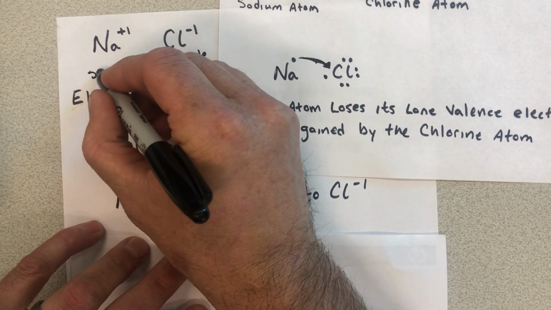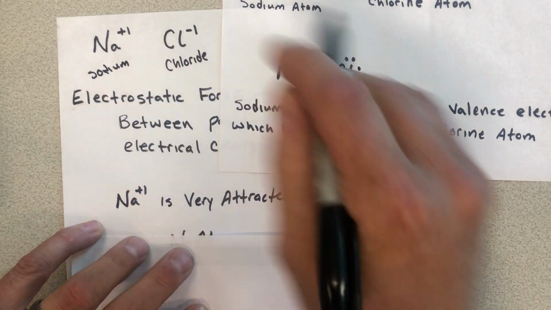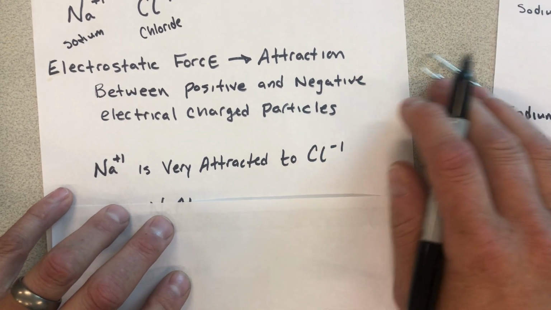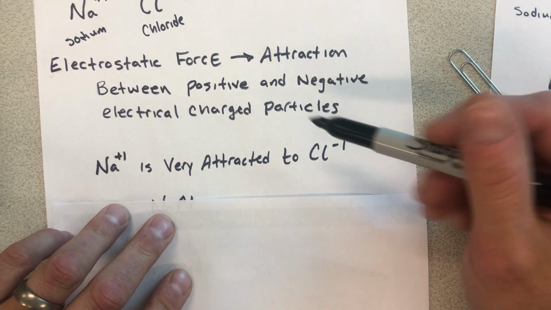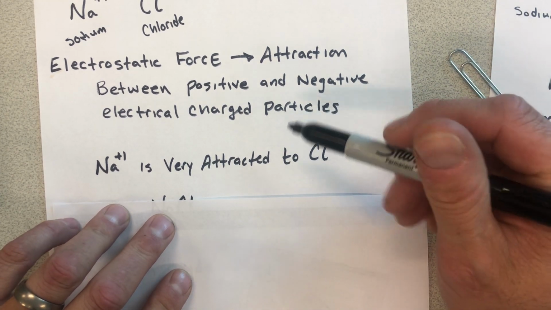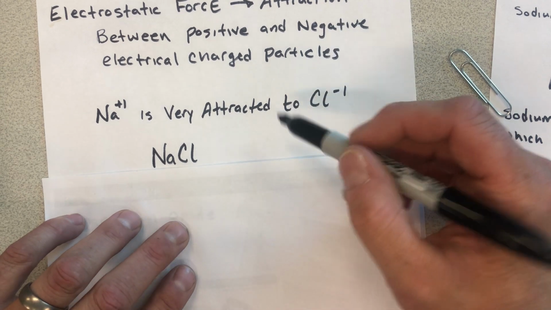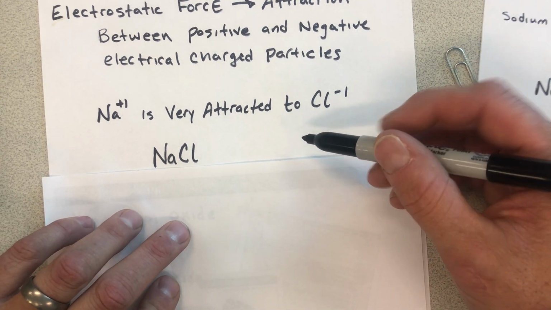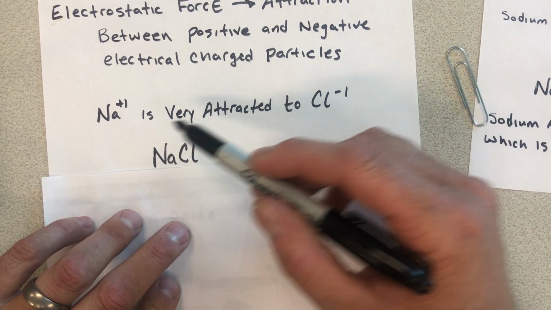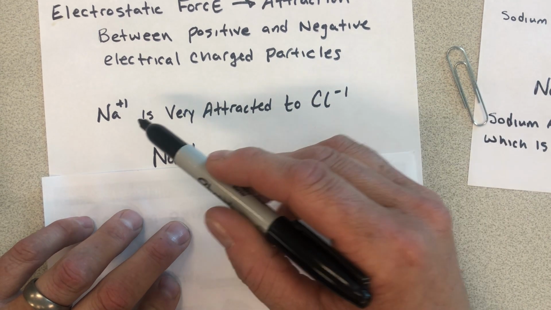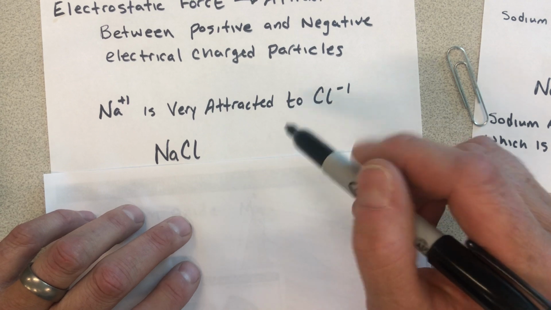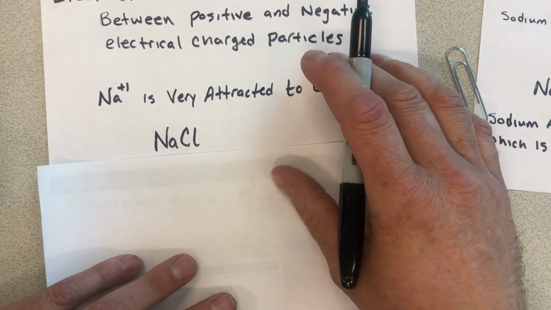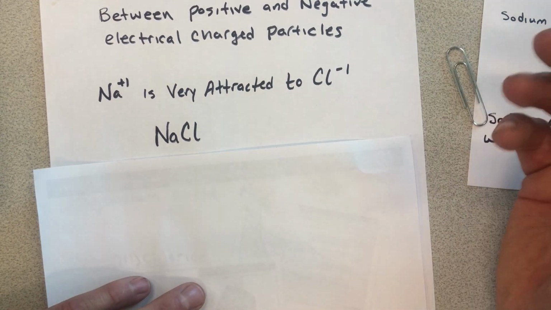And this is sodium. And this force called the electrostatic force is the attraction between positive and negatively charged particles. And so the sodium ion is very attracted to the chloride ion, and that attraction for the negative from the positive and vice versa is a really, really strong attraction. So strong, in fact, that we call it a chemical bond, called an ionic bond.